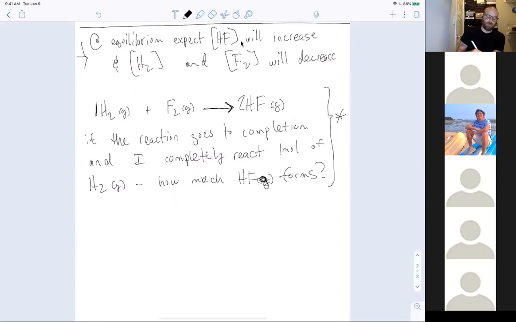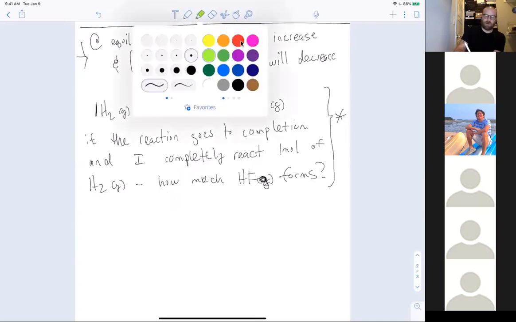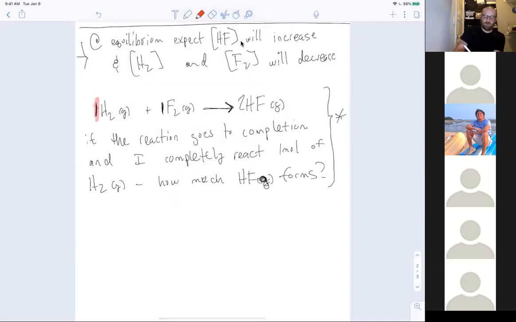The numbers out front tell you the ratio that these things react and form in. We know that if 1 mole of H2 reacts, 2 moles of HF form. If 2 moles of H2 react, 4 moles of HF form. If 4 moles of H2 react, 8 moles of HF form.